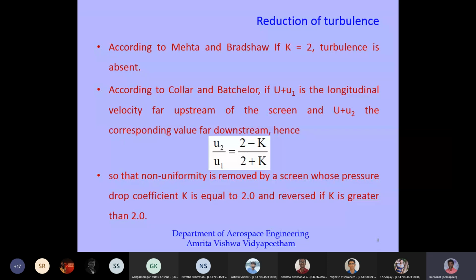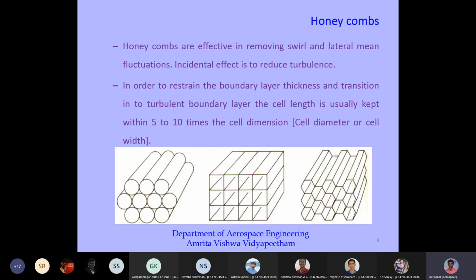Other studies also say that when K is equal to 2, the non-uniformity created by the screen is going to be removed. But again, if you increase K beyond 2, your turbulence intensity is going to be more.